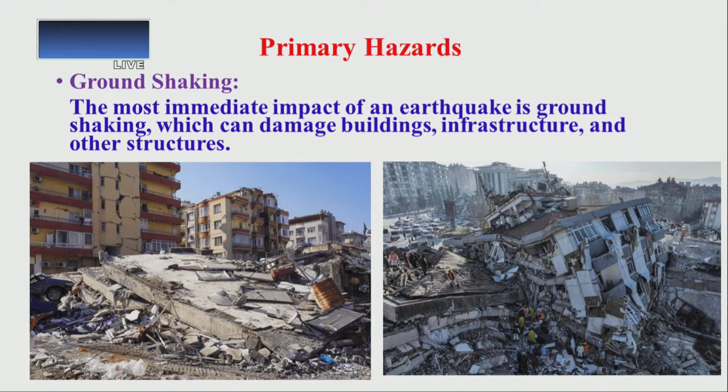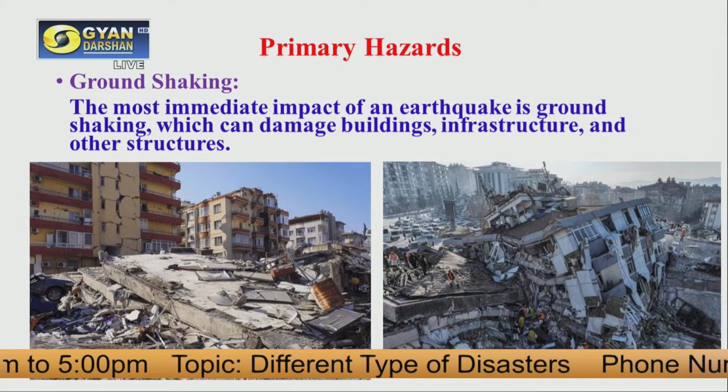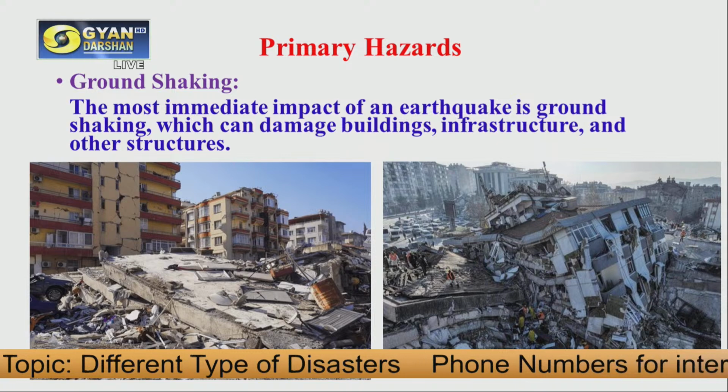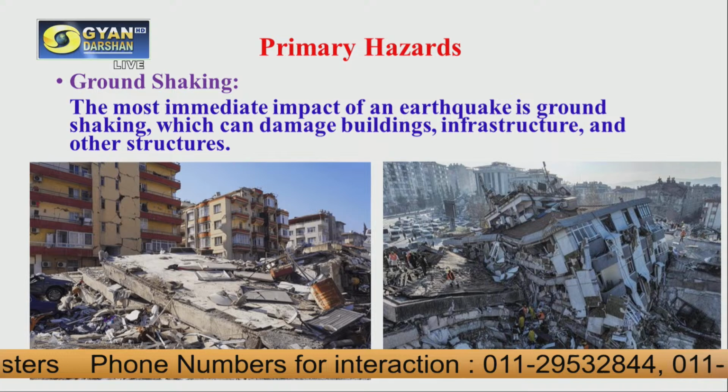This may damage structures, and that damage will depend upon the magnitude. For a small magnitude earthquake, there may be cracks in the buildings, but if the magnitude is high, then total collapse of the structure may occur, as you see here in this graphics. Two different pictures are seen here, of some high magnitude earthquake basically.